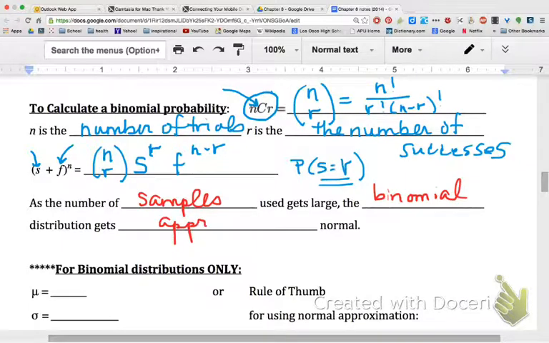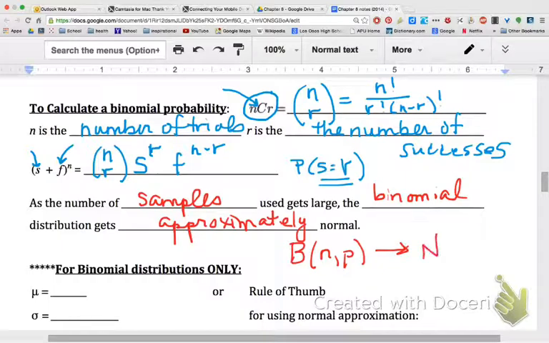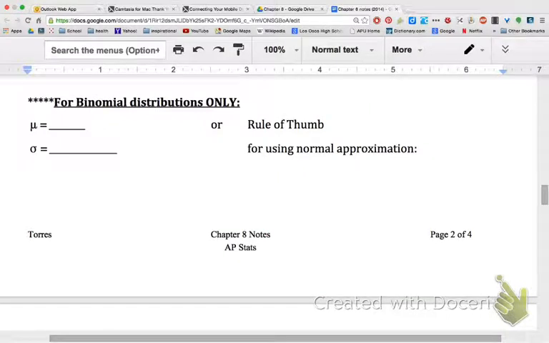And because that happens, I can go from a binomial problem to a normal problem. And I'm going to show you the formulas here in a second. These formulas are on your formula sheet for binomial distributions.